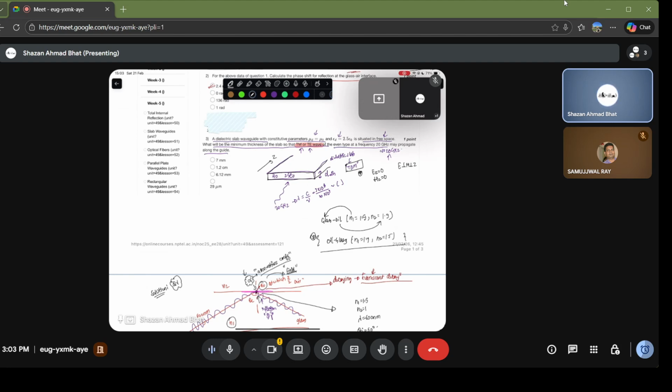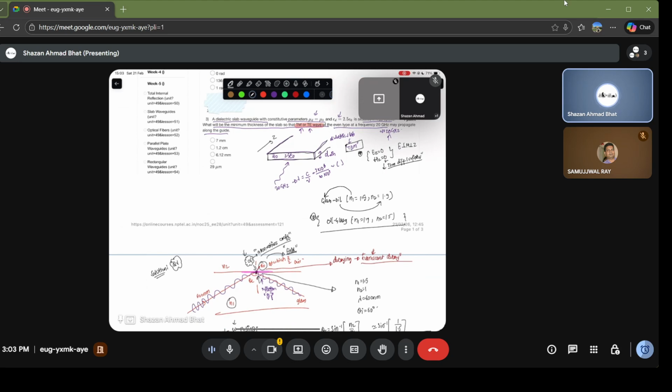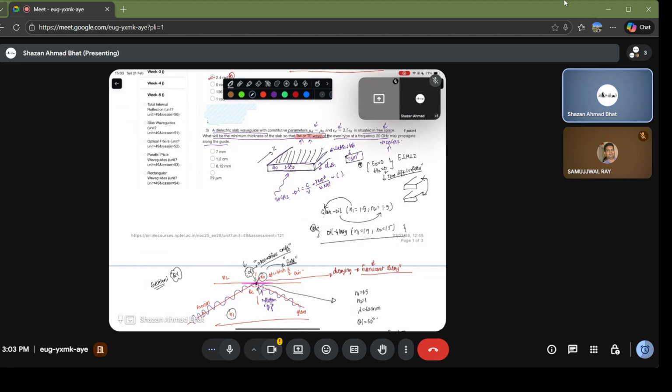And in order for this to happen, you should have two different surfaces which support different polarities. For example, if you have a slab like this and a slab like this, you should have two different sets of conductors so that the electromagnetic wave can flow. Because you only have a single conductor or dielectric here, it's not going to support the transverse electromagnetic wave, because it cannot support the perpendicular component of the electromagnetic wave in it.